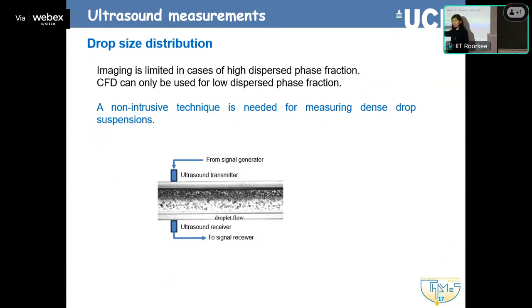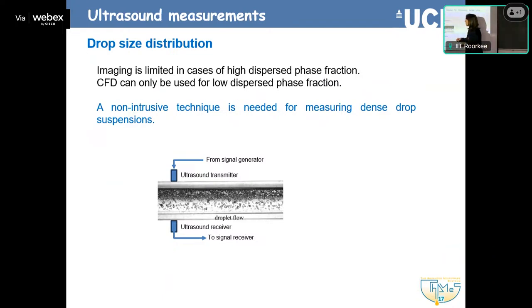Each of these drops will scatter the sound, the ultrasound. So the intensity of the signal will diminish, will attenuate. This attenuation depends on the size of the particle and the wavelength, the frequency, of the ultrasound.